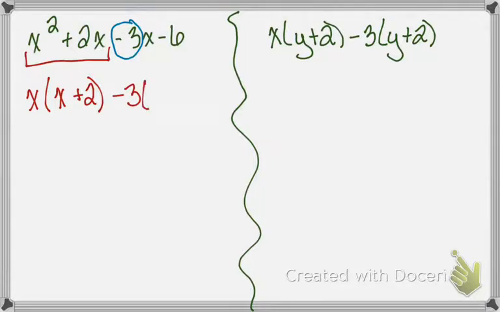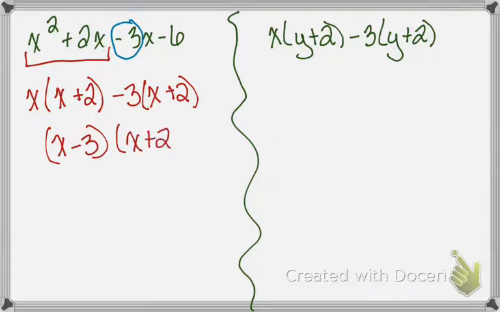Negative 3 times what gives me negative 3x? Negative 3 times what gives me negative 6? Excellent, positive 2. Because a negative times a negative is a positive. Okay, so my final answer here is x minus 3 times x plus 2.